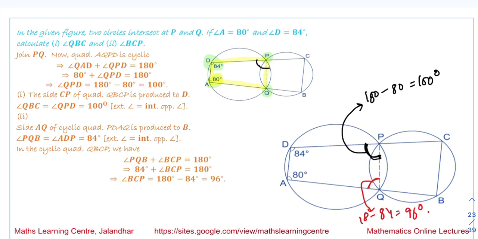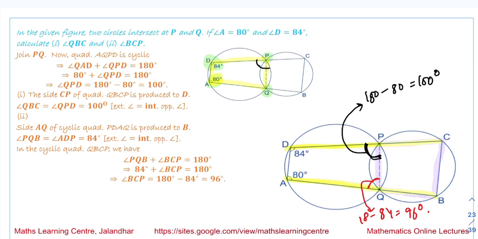Now look at this quadrilateral QBCP. This is also a cyclic quadrilateral, and if we look at AQ and DP, this DBQ side is extended to QA, this CP side is extended to PD.